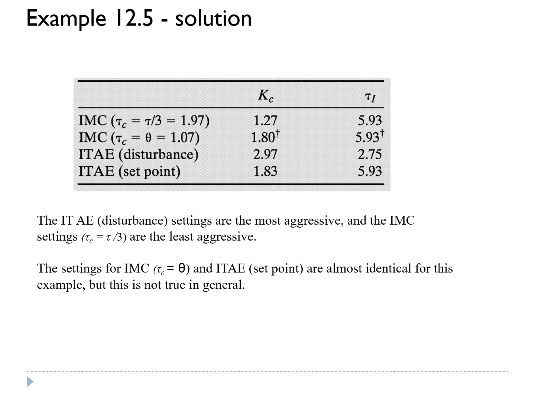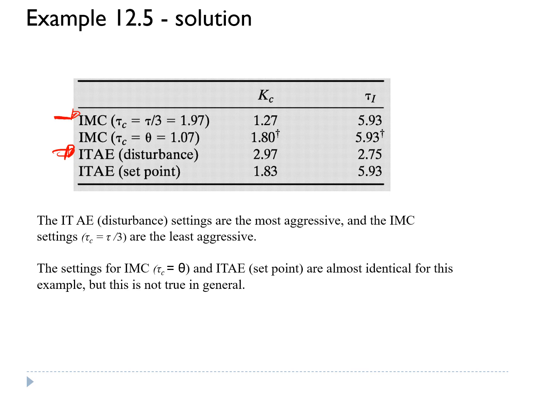So what can you conclude from the findings? It is found that the ITAE disturbance setting is the most aggressive, while the IMC setting with tau c equal to tau over 3 is the least aggressive.